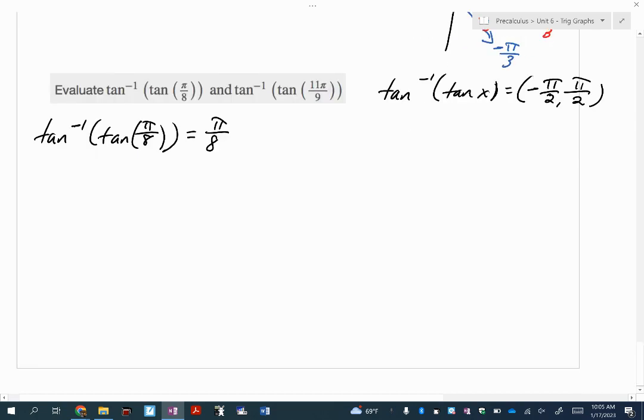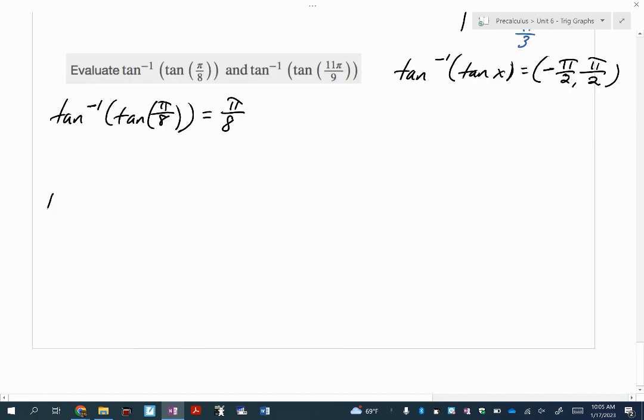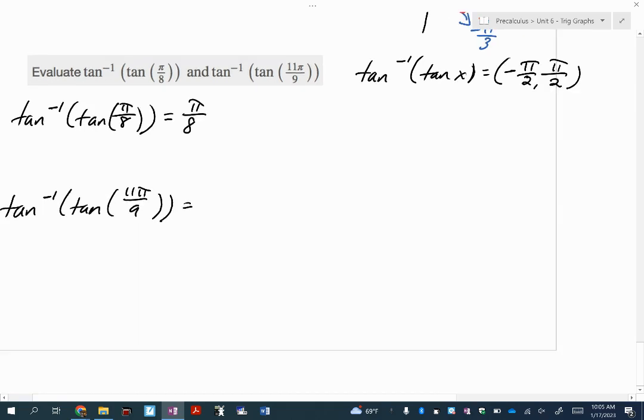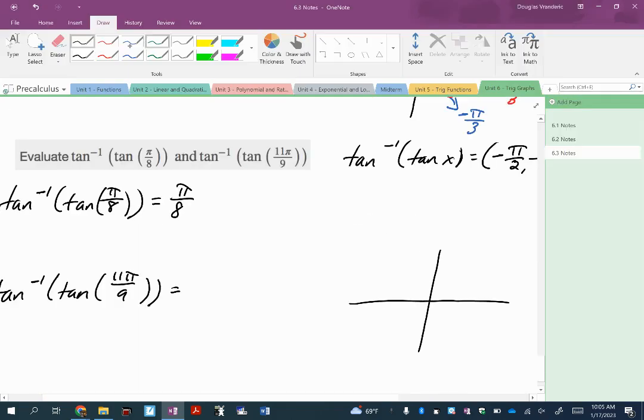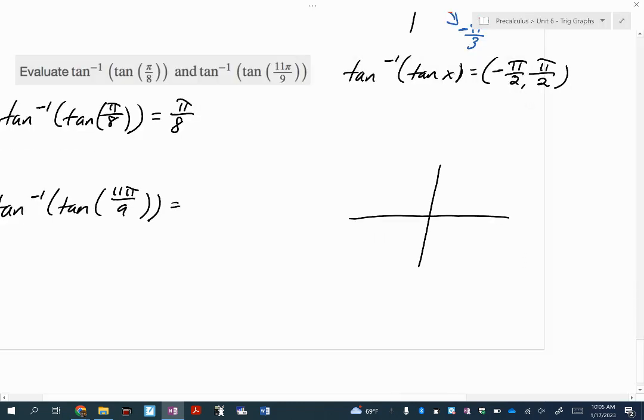All right, and then the second one is not, right? For the second one, you'll notice that 11 pi over 9 is not between negative pi over 2 and pi over 2. So if we do this quick sketch here, that is actually past 1 pi, right? Because 1 pi would be 9 pi over 9. So it goes past pi.